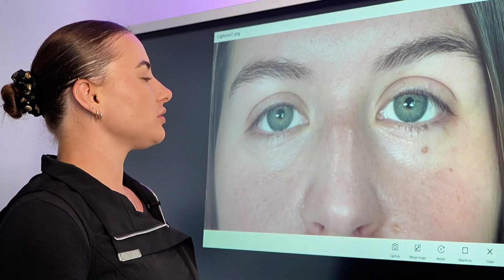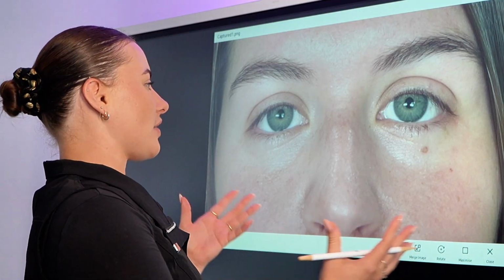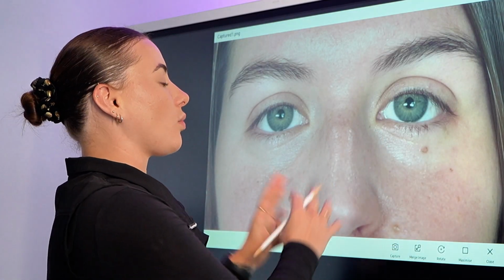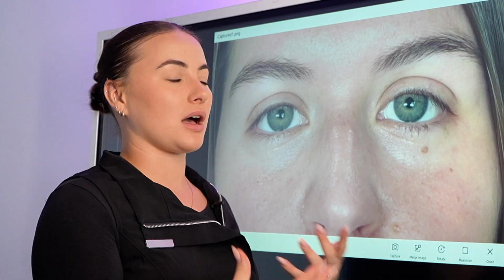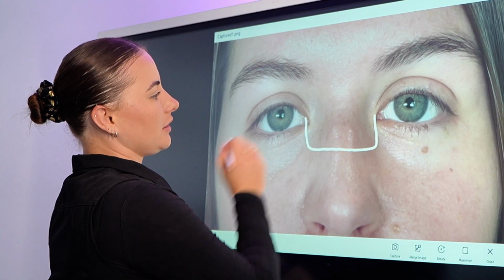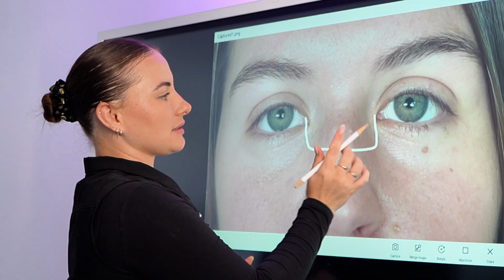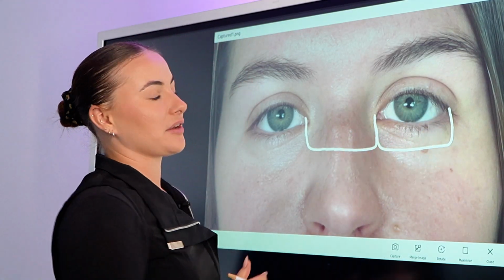But if we're also looking at where the eyes are sitting on the client's face and whether they have more close set or wide set eyes, we want to take a look at the distance between the client's two eyes. So from here to here, we can see that that space is wider than the width or the span of her eye.